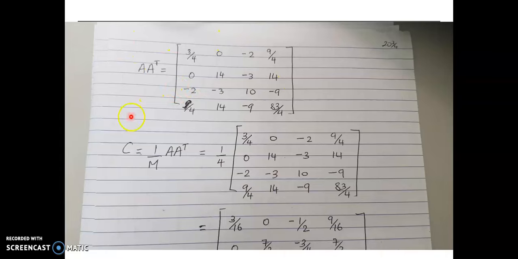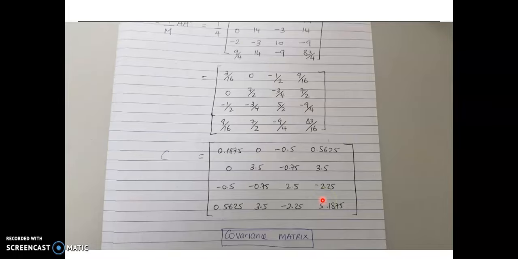So I look at the matrix A times A transpose. This is the matrix A times A transpose. I take 1 over M times the product, and get the resultant matrix. I have expressed the values inside the matrix in decimal form so that I can use it for calculating the eigenvalues and the eigenvectors using an online tool.